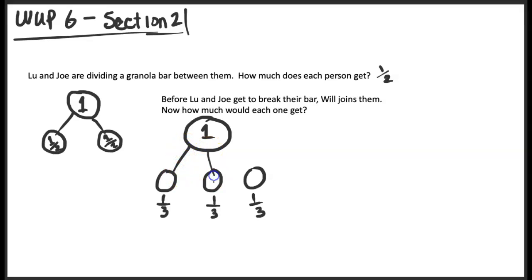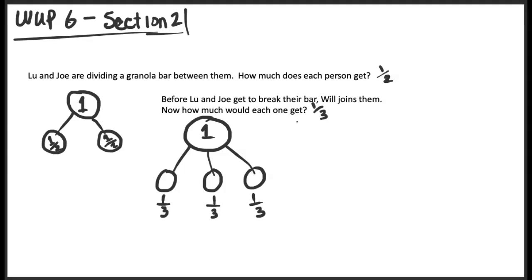Right? So what's the answer then? How much would each one get? Each one would get 1/3. Right? 1 whole granola bar divided between 3 people, or broken into 3 groups.